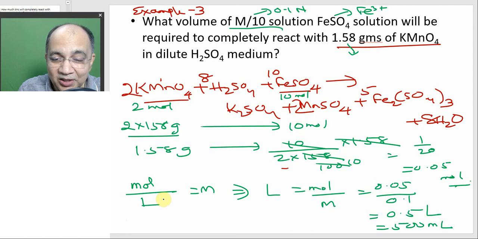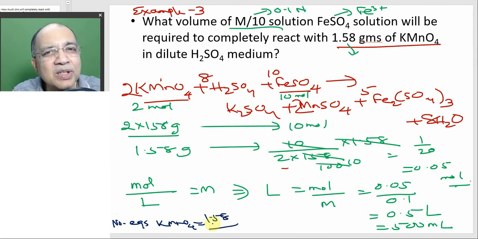if this mass is given, the number of equivalents of KMnO4 is equal to mass by equivalent mass, 1.58. Can you tell me what is the equivalent mass of KMnO4 used as an oxidant in acidic medium? Tell me.